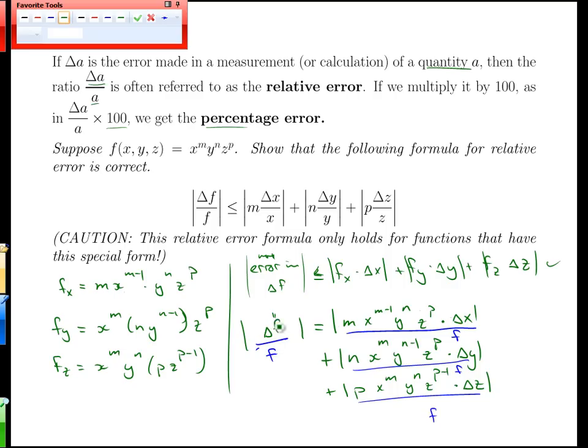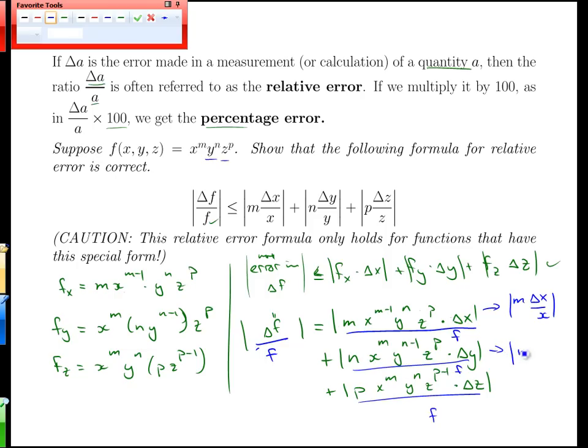So this is delta f over f on the left, check. On the right-hand side, if you think of one missing power of x and the y's and z's as is, when we end up dividing, this term becomes m delta x over x, since there's one extra x in f, the mth power, that is not in the numerator here, the m minus 1th power.